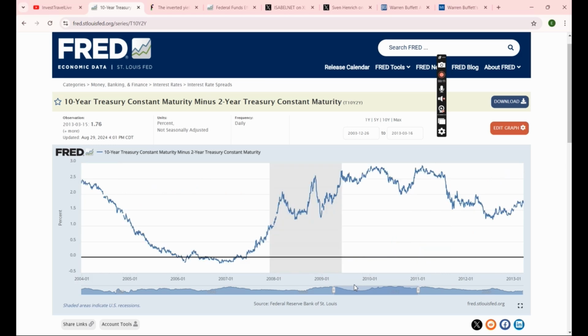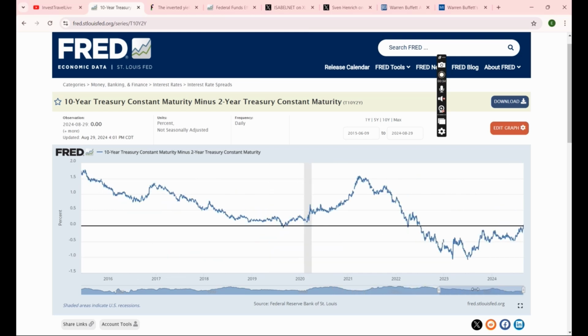Moving on to 2008, again we had an uninversion, which was a fake out, and then on the second uninversion, that was a more real signal of economic issues. Again, during the COVID time, we had the uninversion, and then a few months later, we had the crash.